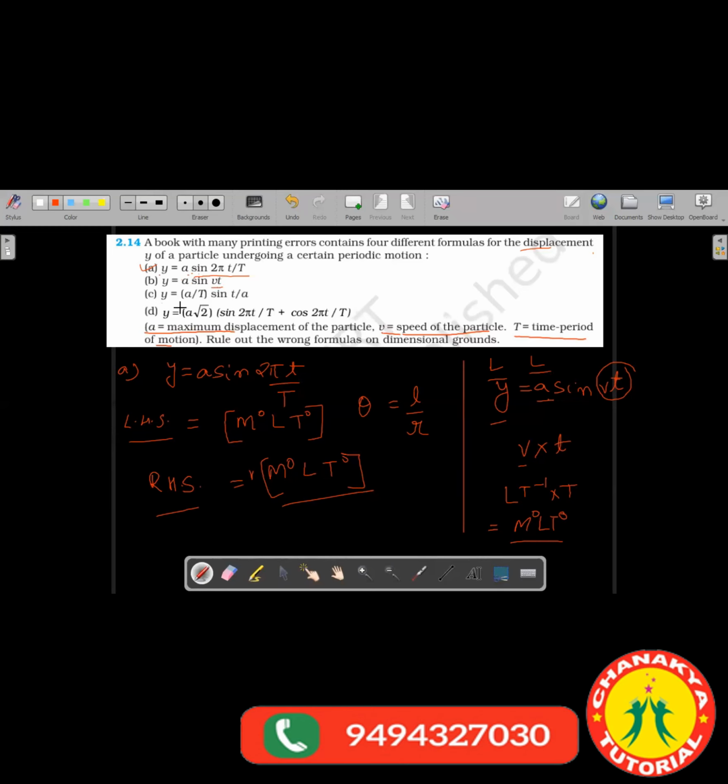But as per our knowledge, we know that theta is a dimensionless quantity. Theta does not have any dimension. So this formula is incorrect. The formula B is incorrect. It is false. What about the formula C?